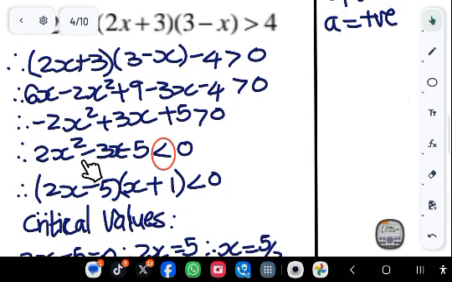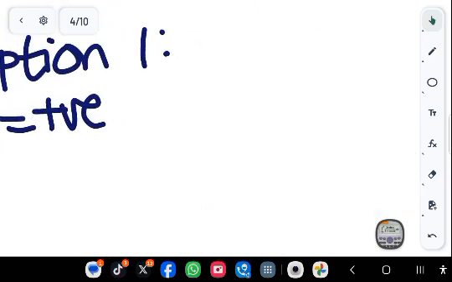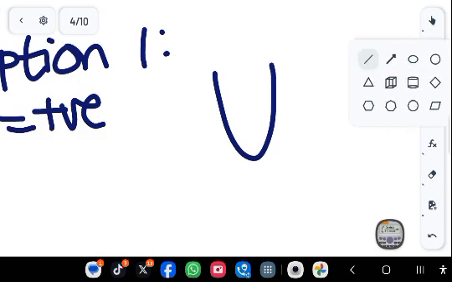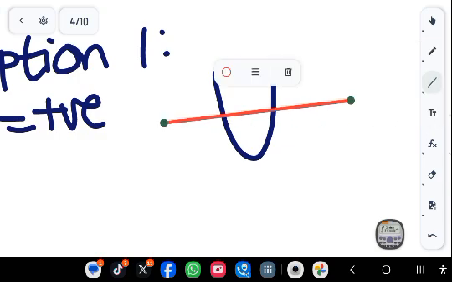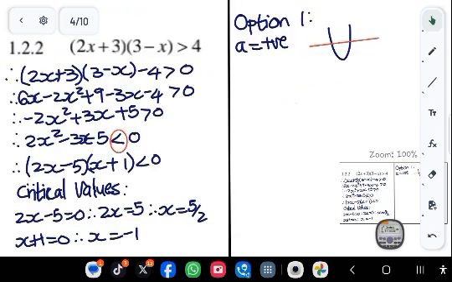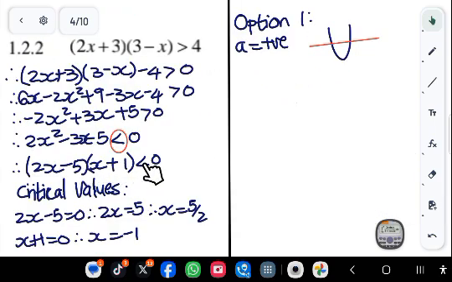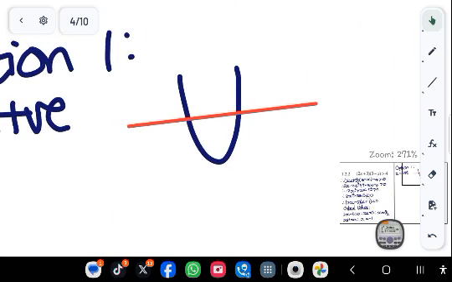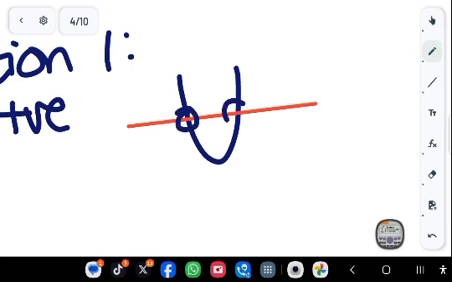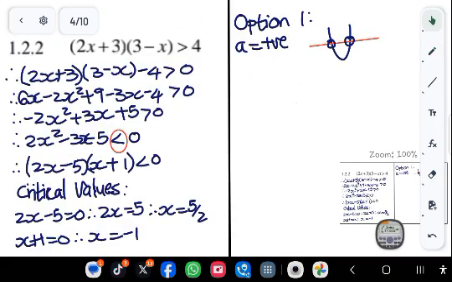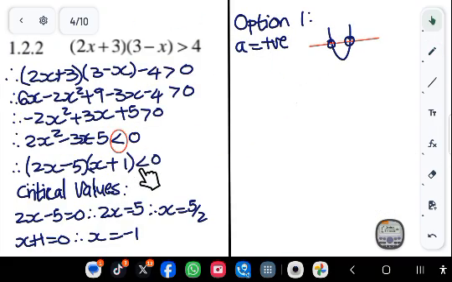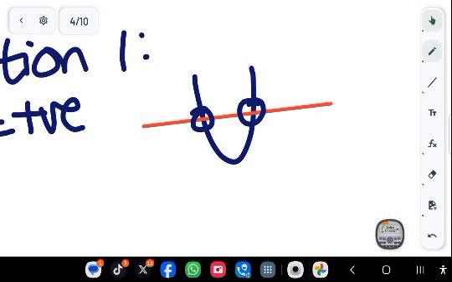This A is positive, it's 2 in this case. The arms look up, and we're looking for where this lies below the x-axis, because it's less than 0. It does not include the endpoint.